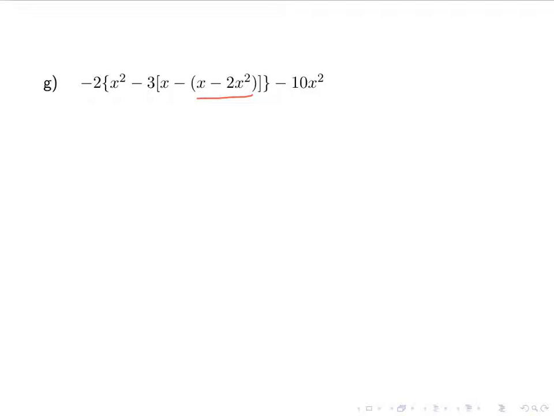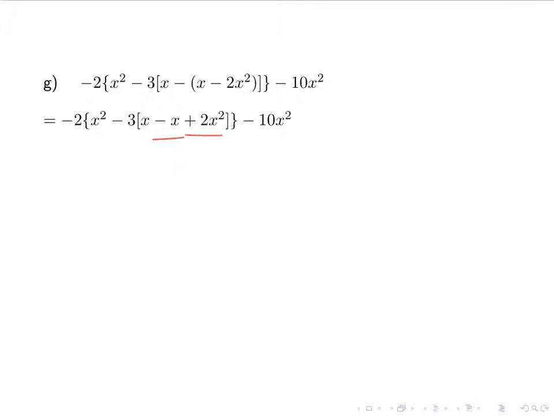So I'm going to distribute the negative. And remember, negative something I can always think of as a 1 out front. So I'm multiplying my x and my negative 2x squared by negative 1. So I get negative x and then positive 2x squared when I distribute the negative.